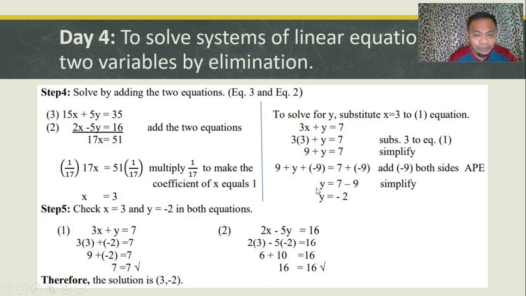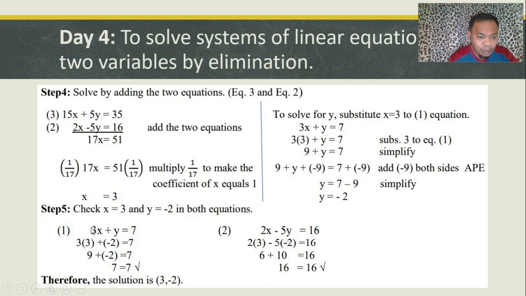So we have now the values of x and y, diba? Pwede na po natin itong gamitin para to check kung tama po ba yung ginawa natin. So that's for our step 5. Check x is equal to 3 and y is equal to negative 2 in both equations. So we will substitute the value of x and the value of y, both equations, equation 1 and equation 2.